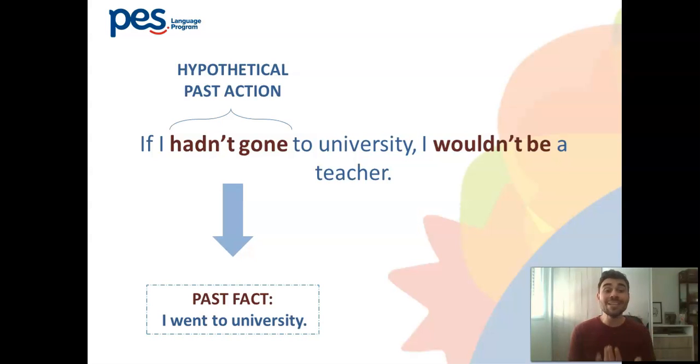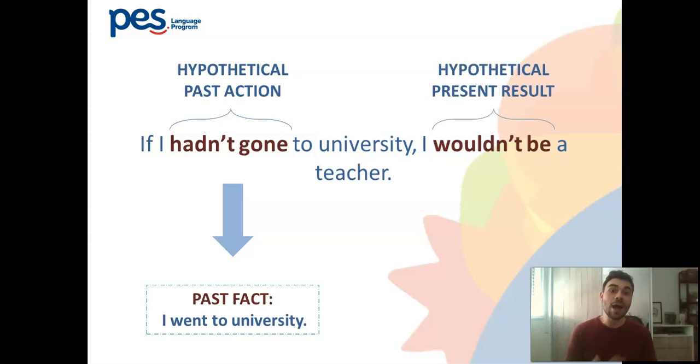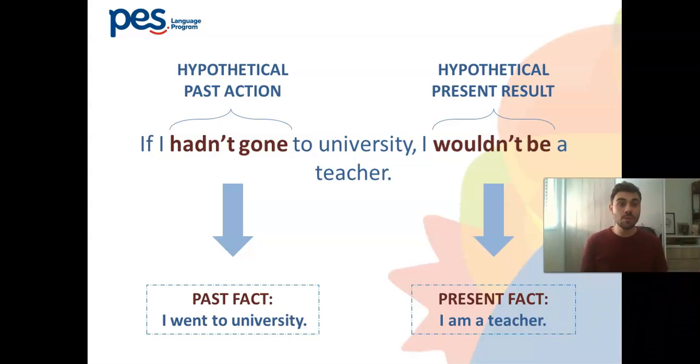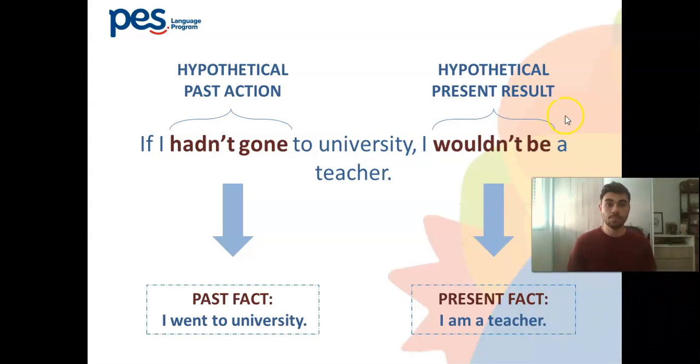But I am imagining that in the past, if I hadn't gone to university, I wouldn't be a teacher, which is a hypothetical present result, because the fact in the present is... I need to move myself here for you to see me.